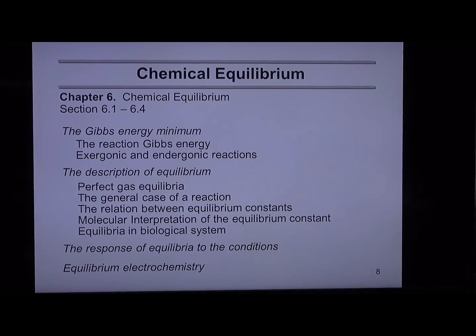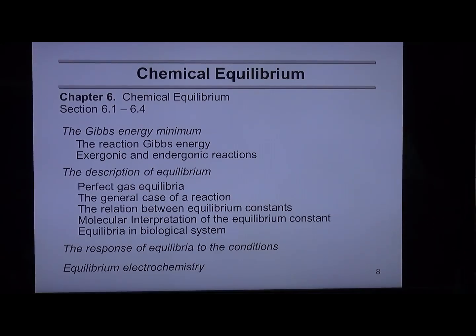So from that fact, we can determine the equilibrium condition, especially the composition of reactants and products.